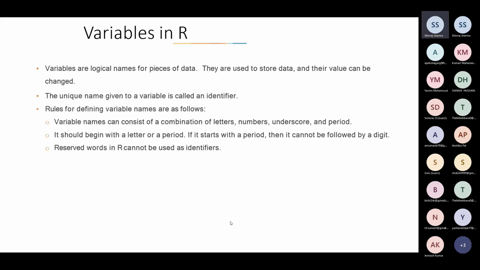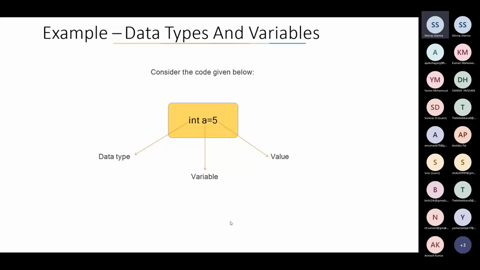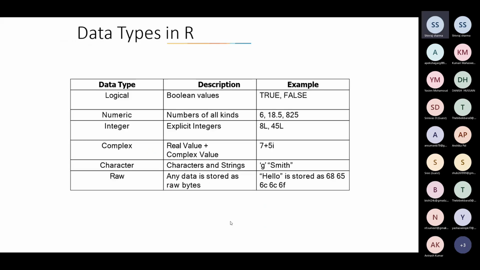And what is a variable? Variables are logical names for a piece of data. See here, the variable a, we defined the variable, we have a value with us, and we assign that value a name. So if we are assigning any name to our value, that is the variable.